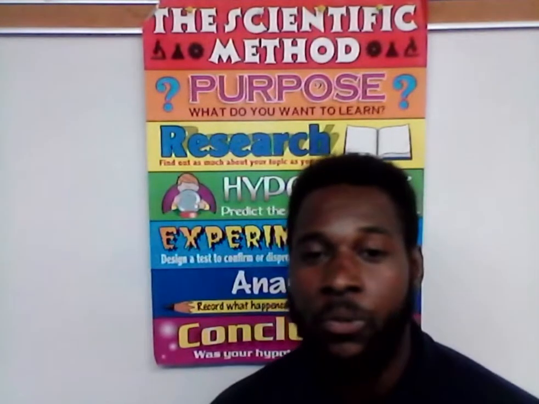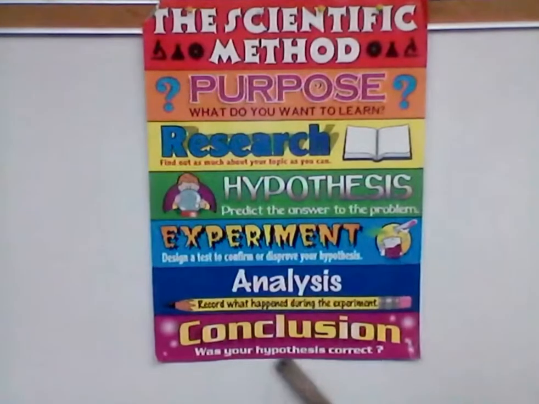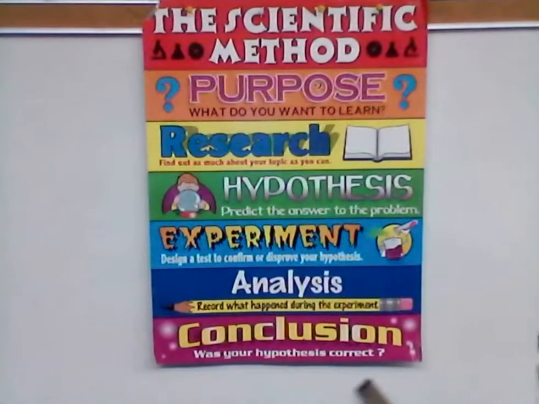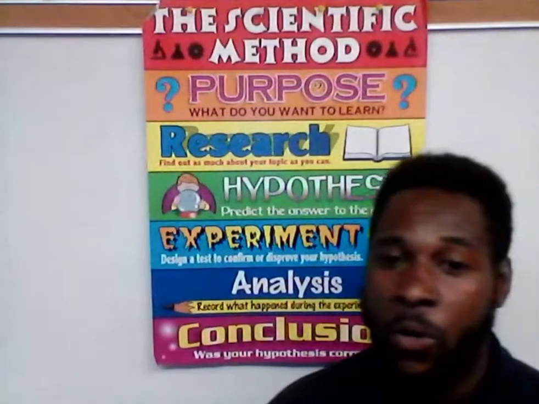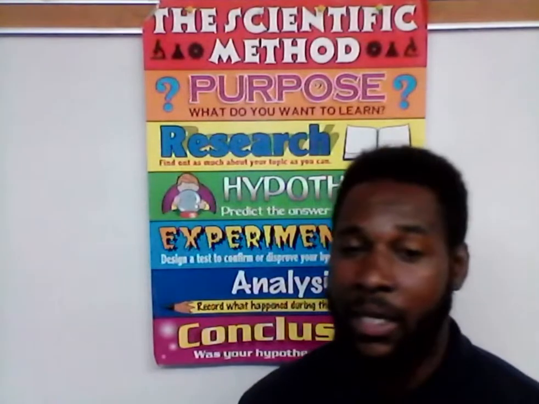So what do you do when you have your confirmation? You conclude. The conclusion is, was your hypothesis correct? The purpose of concluding is to know how to document whether you were right or wrong. And it's not for you, it is for your peers. That's why science is a peer review based topic.